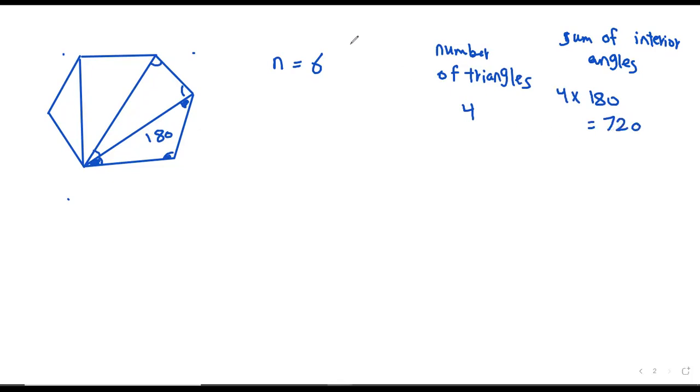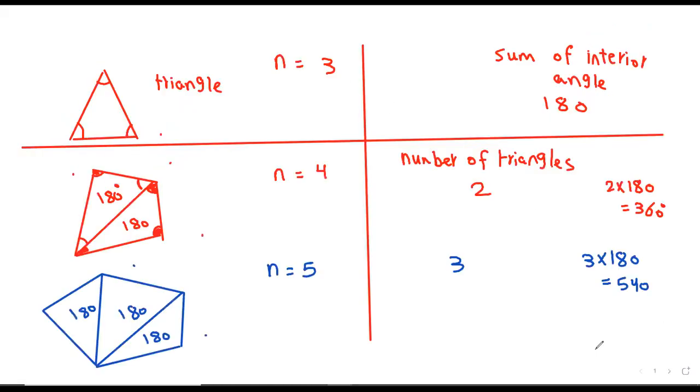Now I want to focus on the number of sides. Here's 6 and the number of triangles is 4. What do you notice? We observe that the number of triangles is less than the number of sides by 2. Let's go back and have a look at the quadrilateral.